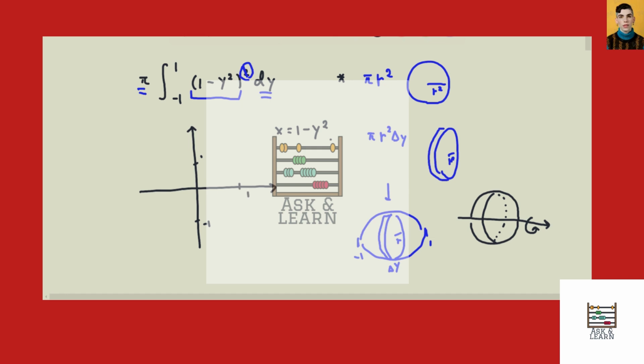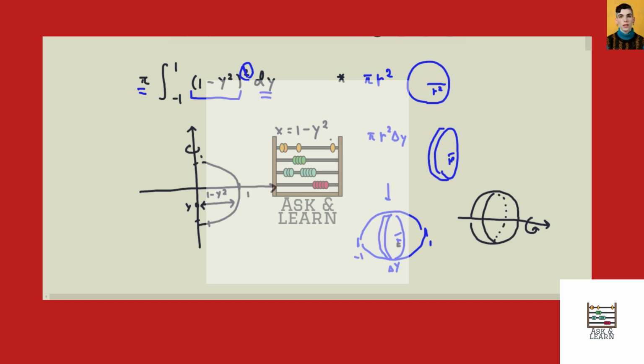From -1 to 1, it goes through 1. So the distance from here to there, given a value of y, is going to be 1 minus y squared, and this is going to be treated like the radius that I mentioned right here.